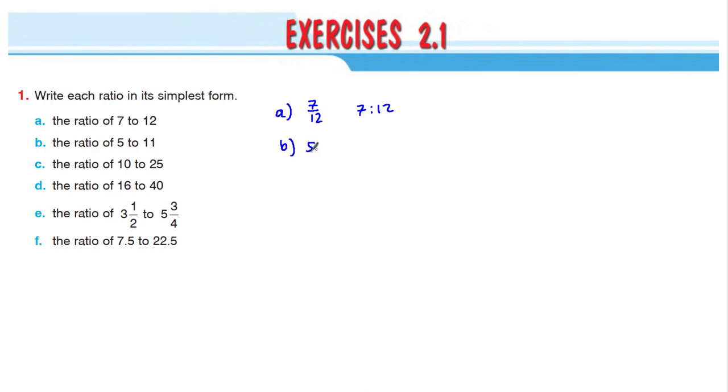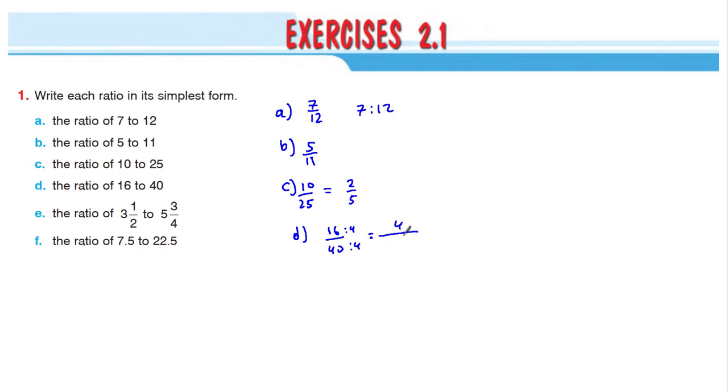Under B, 5/11, you can leave it as it is. Under C, it's 10/25. We can simplify both numerator and denominator by 5, so you get 2/5. Under D, 16/40. Well, we can simplify both numerator and denominator by 4.